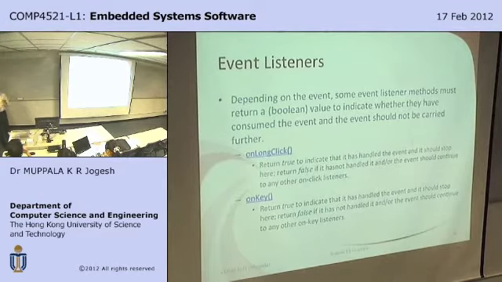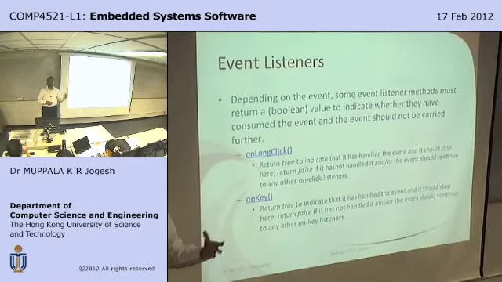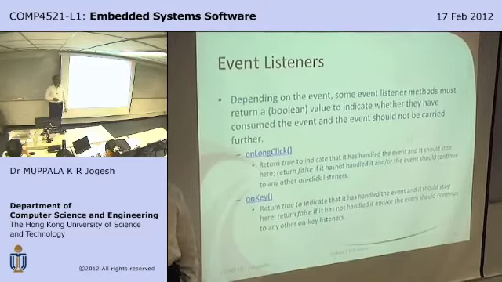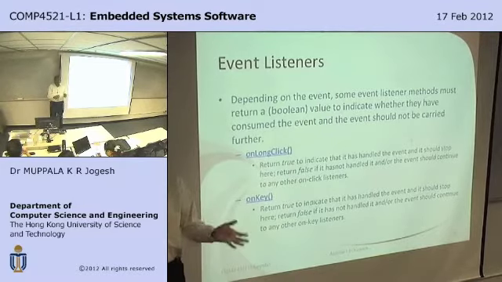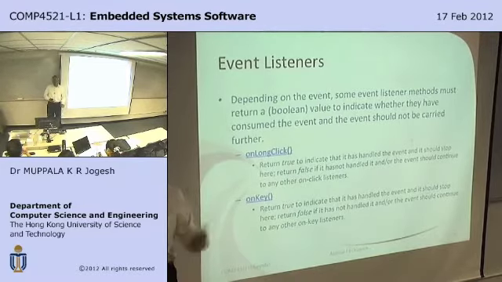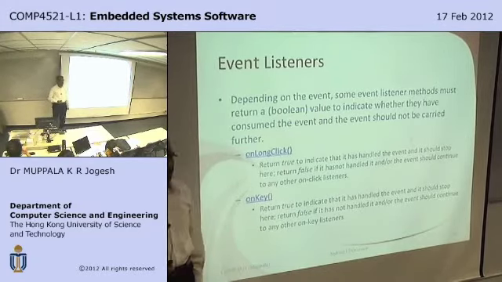Now, what happens with the Android framework is that if you touch a button and then lift your finger, if the Android framework thinks that it's a long click, it will call this long click method. Now, if it so happens that the long click method does not handle the event, it can return back saying, I did not handle the event. Let the OnClick one be called.